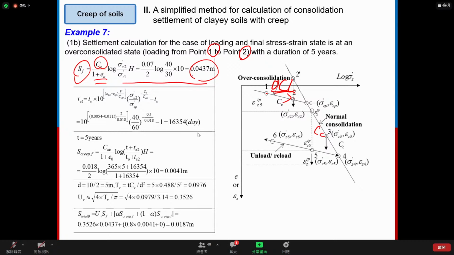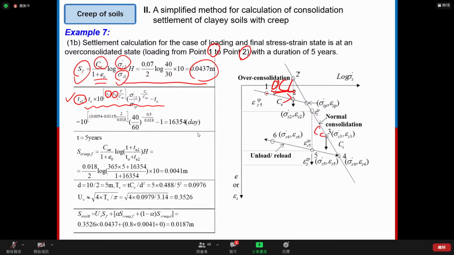So we calculate the final result using the final stress state and the initial stress state, right? And TE2, this equation has been given in the slides. We can see the parameters one by one. Epsilon Z2 is already given in the question.